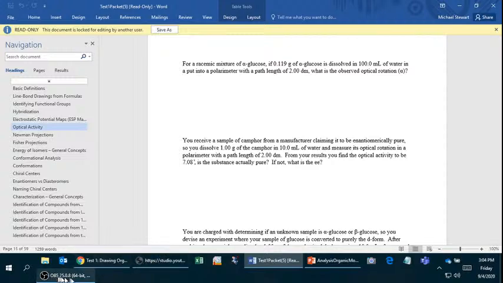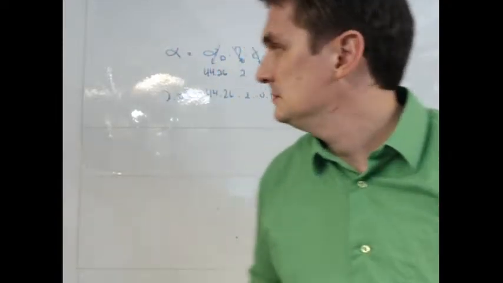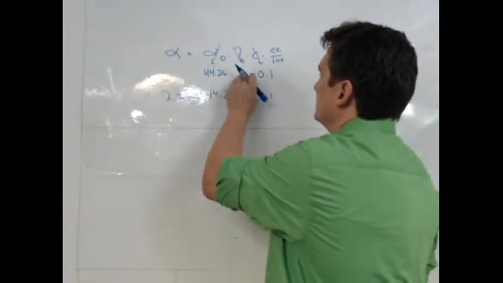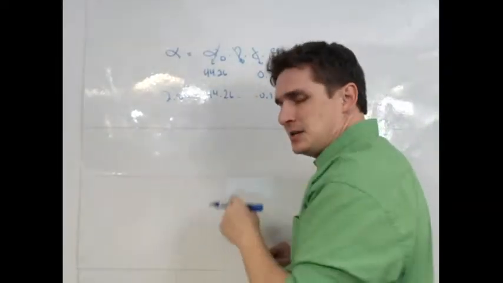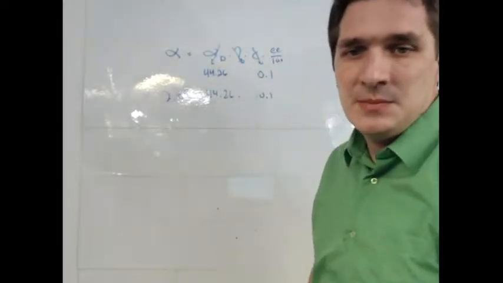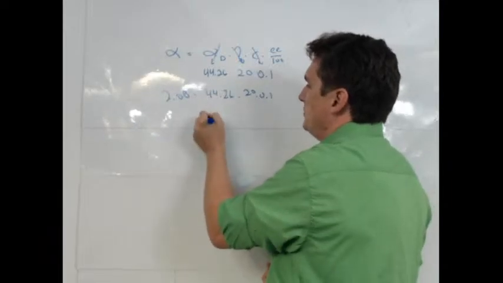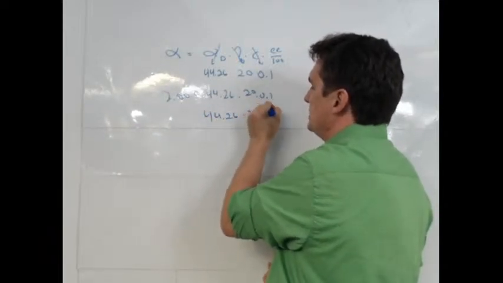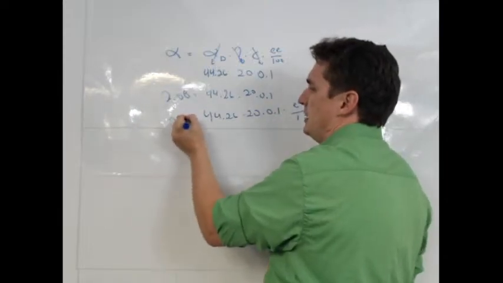And then to solve for the EE, you would just put the EE in as an unknown variable and solve for that. Actually, it probably was supposed to be 10 decimeters to force you to convert. So 1 decimeter is 10 centimeters, so it's 20. So 44.26 times 20 times 0.1 times EE over 100 equals 7.08.